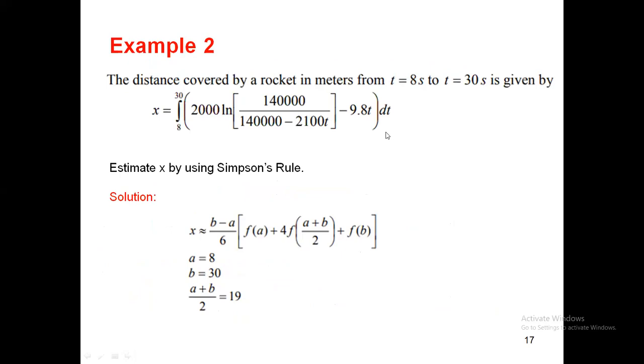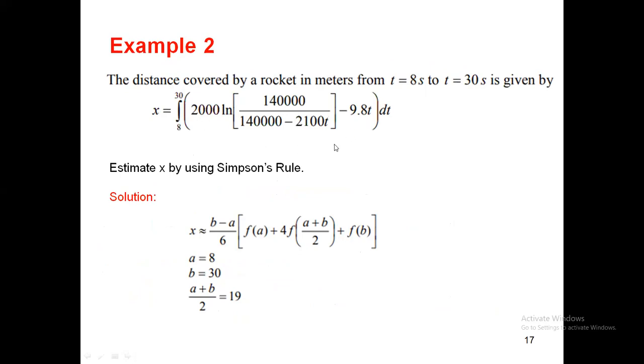Now, if we'll have a sample problem for this one, you have a non-elementary definite integral. Your function is 2,000 ln of 140,000 divided by 140,000 minus 2,100 t, minus 9.8t.